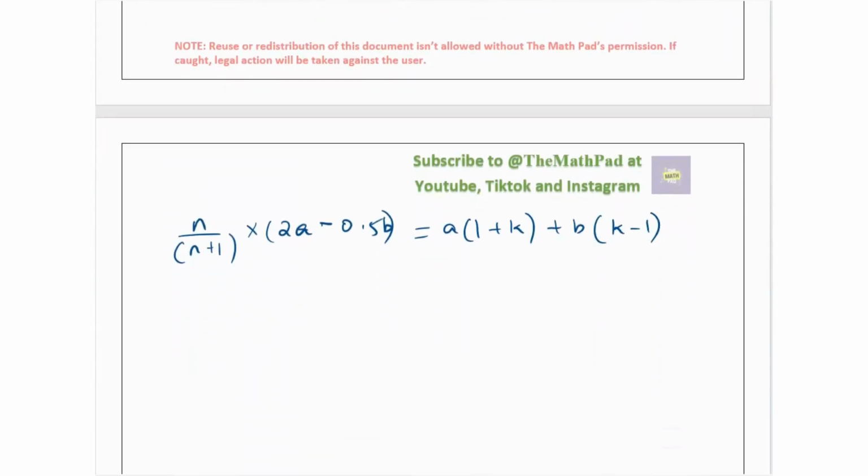So if we expand the bracket, 2n over n plus 1 gets multiplied with a, and negative 0.5n over n plus 1 gets multiplied with b.